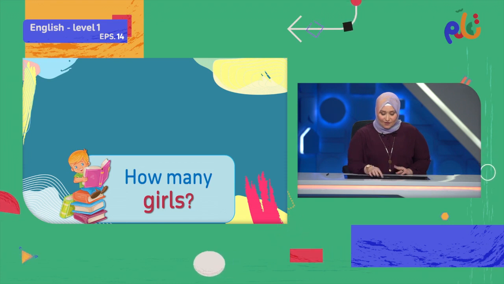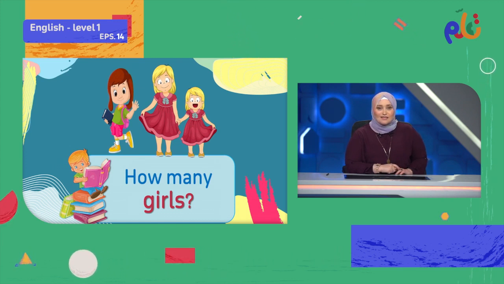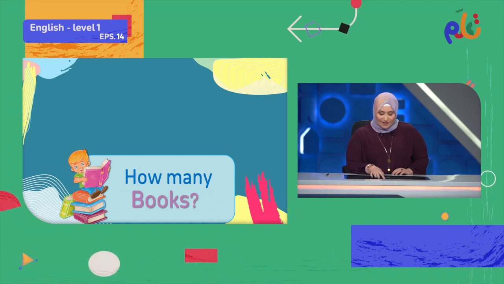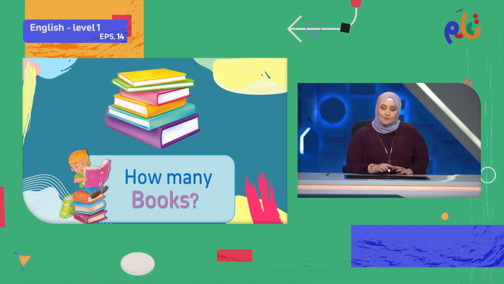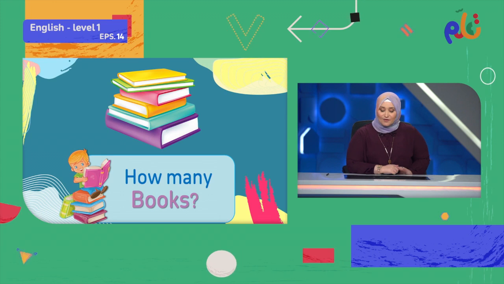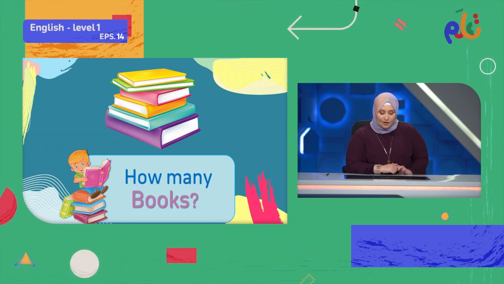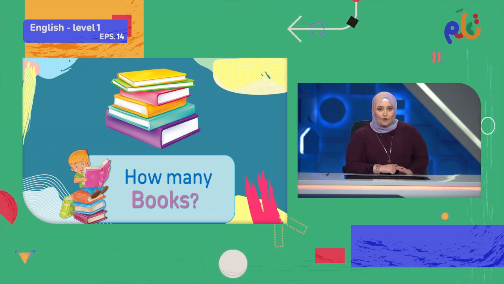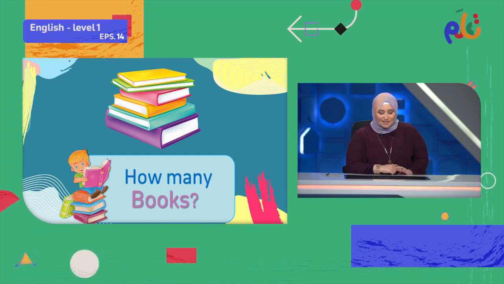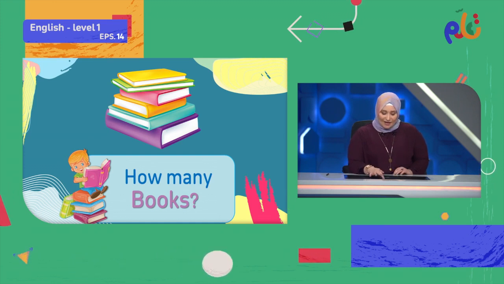Let's take the following example. How many girls can we see? 3 girls. Perfect. How many books can we see? Let's count together. 1, 2, 3, 4, 5, 6 books. We have 6 books. Excellent.